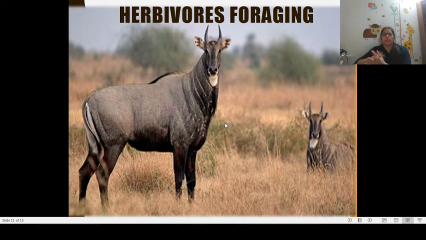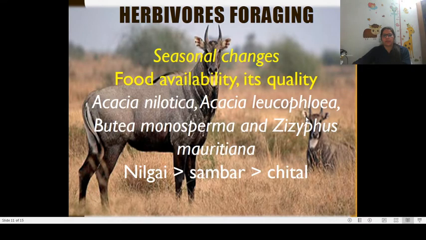Nilgai is a mixed feeder. It can graze as well as browse in varying proportions throughout the year, but dominantly it is a browser. The preferable plant species of nilgai are Acacia nilotica, Acacia leucophloea, Butea monosperma, and Ziziphus mauritiana.